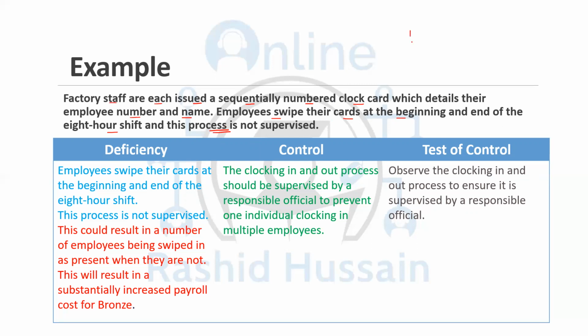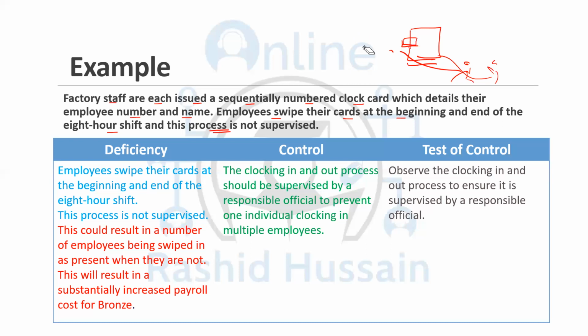For example, this is the entrance door, and there's a machine, and everyone is coming, and they're swiping their cards, and no one is looking at this, no one is observing this. So if no one is observing, then the employees may swipe for each other, or a single person may bring many cards and can enter the individuals who are not yet there.